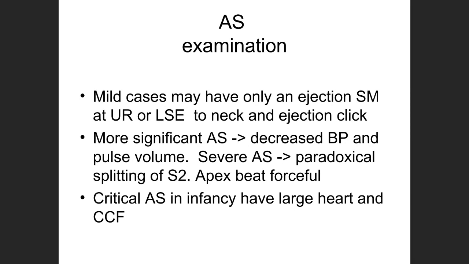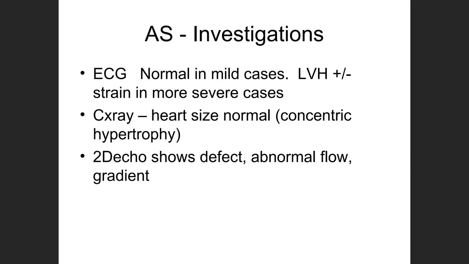When there is severe aortic stenosis, because of the narrowing of the aortic valve, it takes a longer time for the blood in the left ventricle to be ejected across the aortic valve.